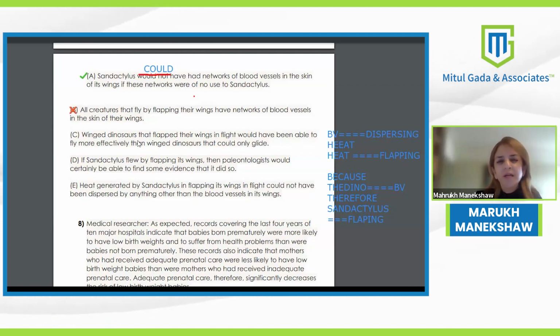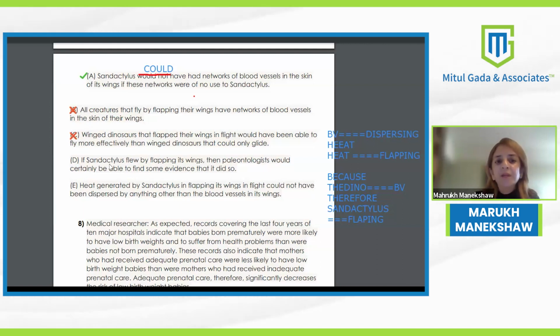C says winged dinosaurs that flap their wings in flight could have been able to fly more effectively than winged dinosaurs that could only glide. This is irrelevant. A comparison between what would be more effective certainly does not do anything to our conclusion, so it cannot be an assumption.